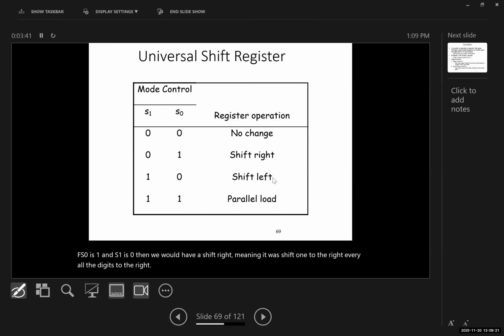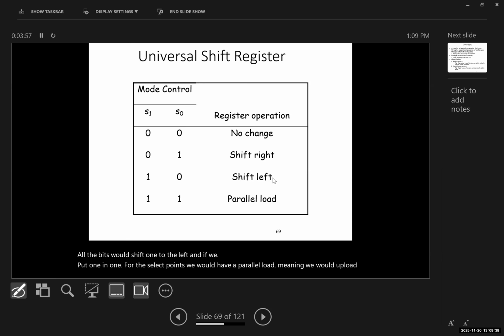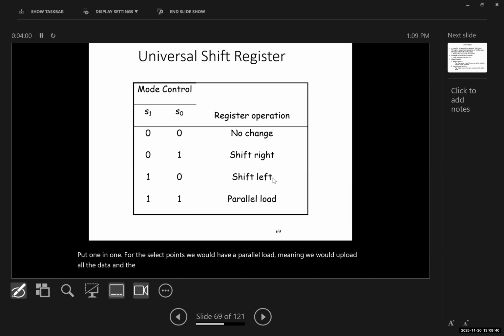If it's 0, 1, it will shift 1 to the left. All the bits would shift 1 to the left. And if we put 1 and 1 for the select points, we would have a parallel load, meaning we would upload all the input data into our flip-flops, or in other words, into our register.